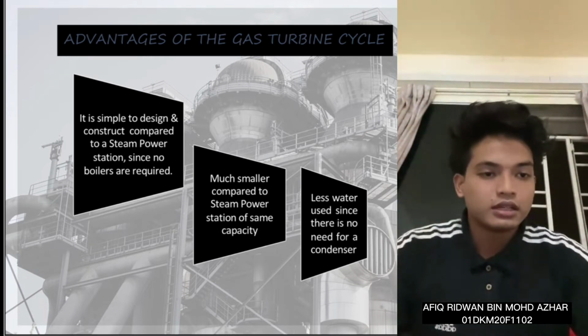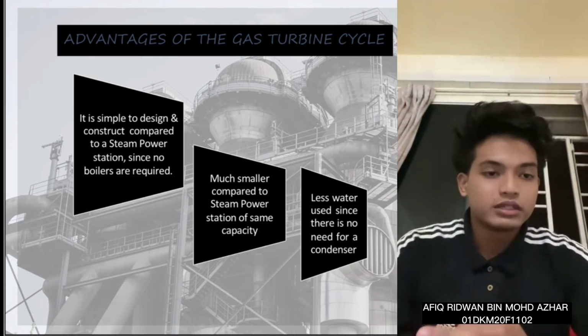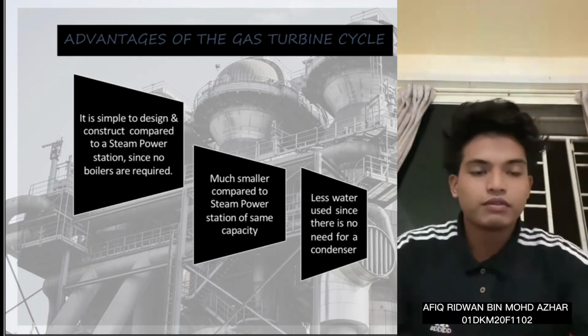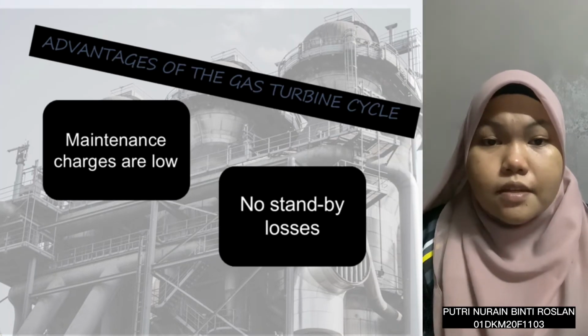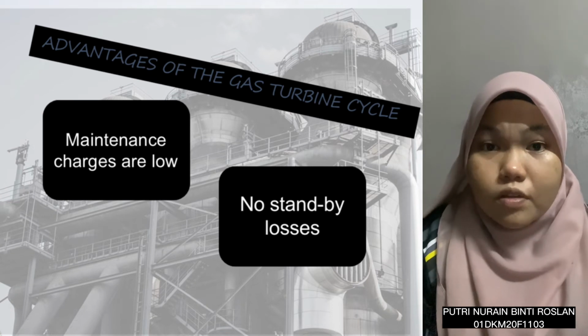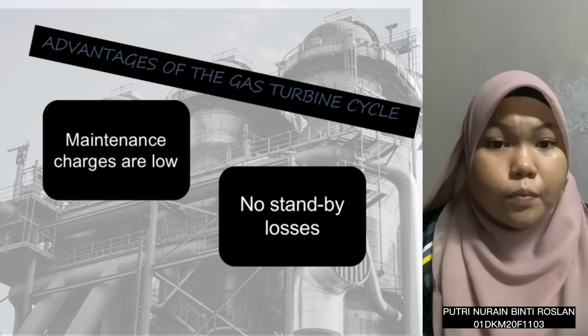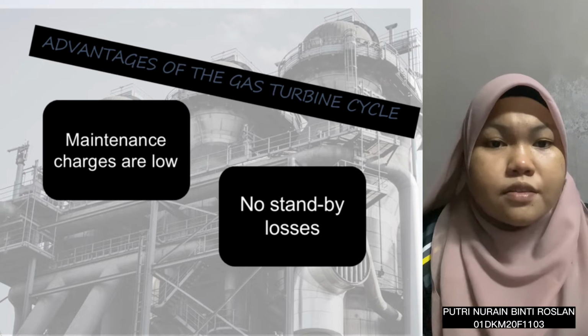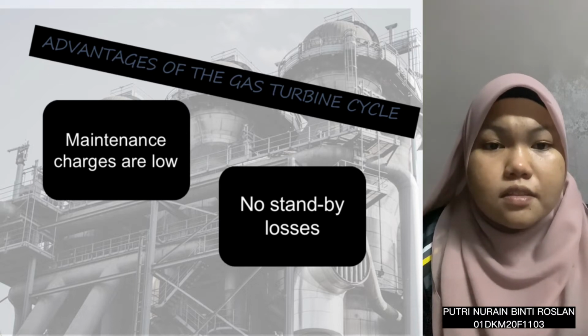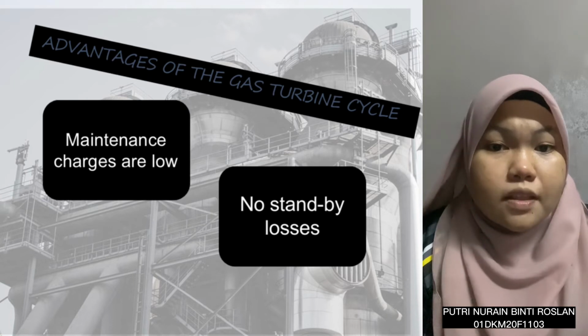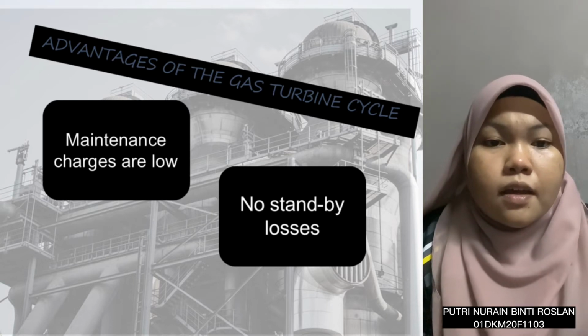Next, less water is used since there is no need for a condenser. Next, the maintenance charge is low. The small size of a gas turbine power plant allows maintenance work to be done on a smaller scale. Thus, less money is required to make sure the maintenance of the gas turbine power plant goes on frequently.